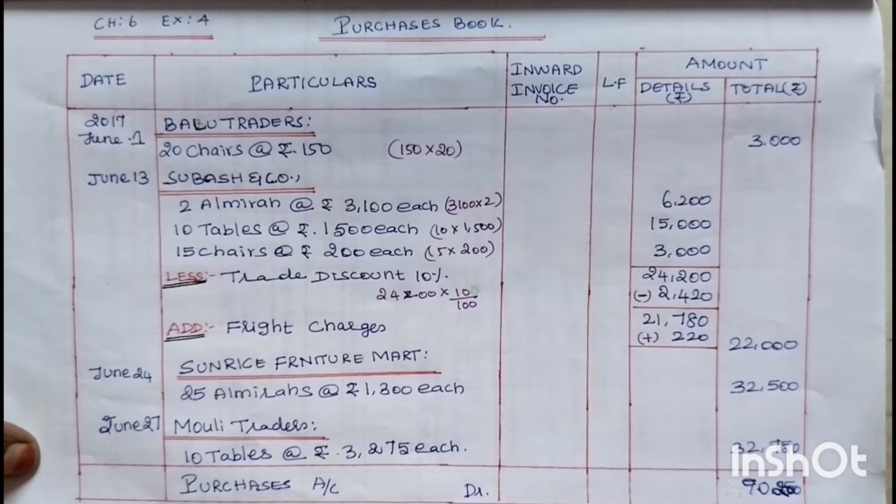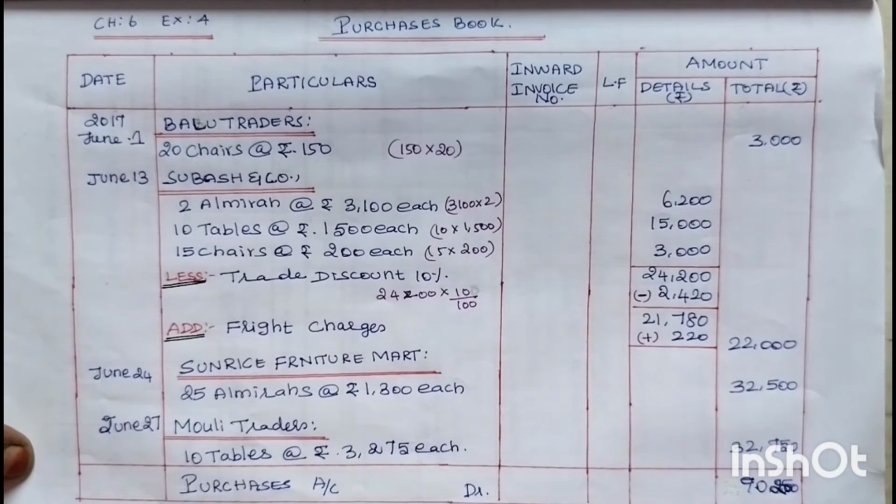Now we find the total amount of the purchases book and purchases return book. First, the total of the purchases book, that is 3,000 plus 22,000 plus 32,500 plus 32,750. How much do we get? We got 90,250.